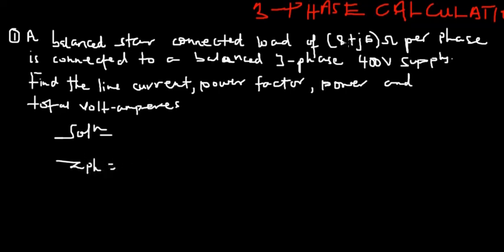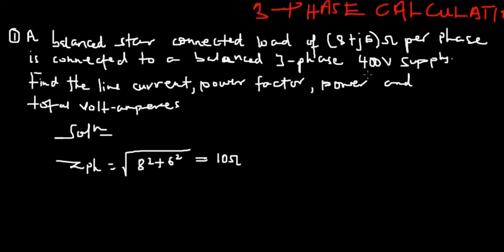We are calculating per line, so we can just find the magnitude of this impedance. When you take the magnitude of the impedance, we have 8 squared plus 6 squared, and when you do the calculation, you end up with something like 10 ohms.